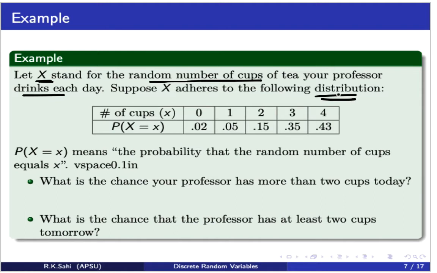Remember, the distribution, you can have a frequency table, you can have a list or a chart or a graph. So in this little list I'm actually showing how many cups I have each day, and then what is the probability of having those number of cups.